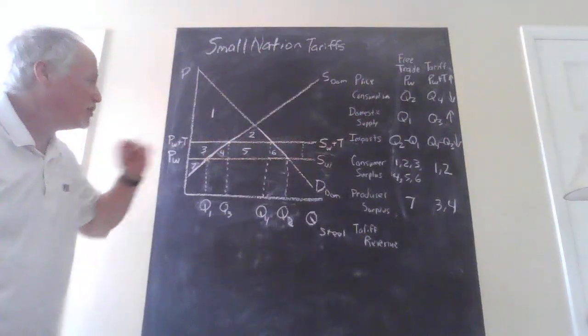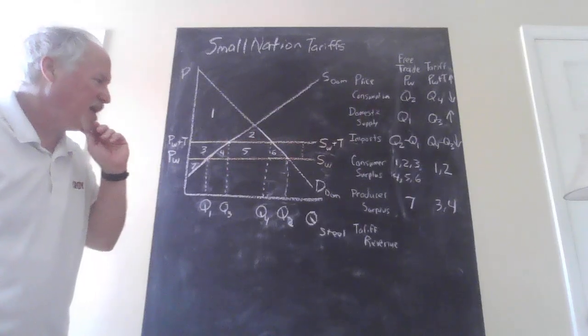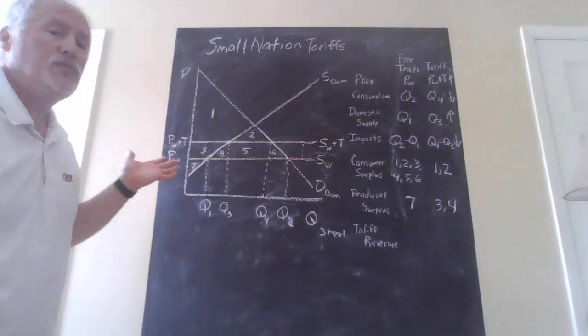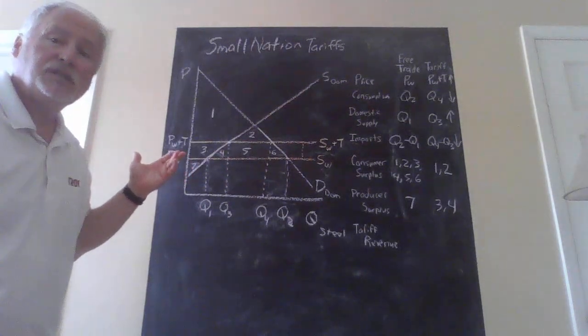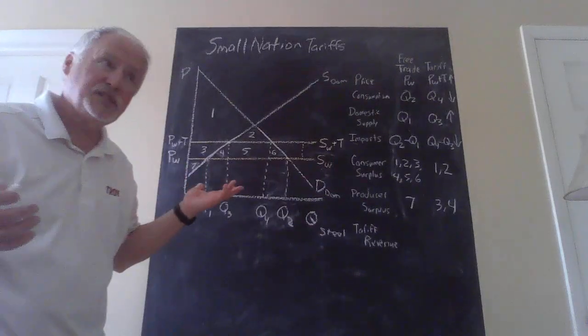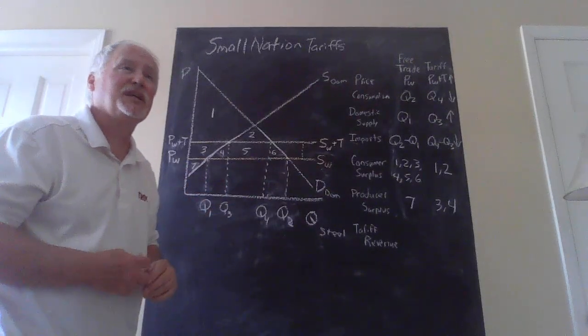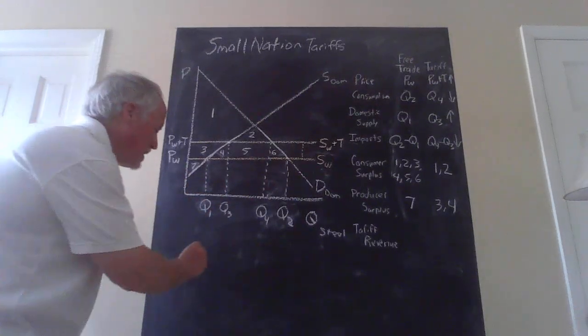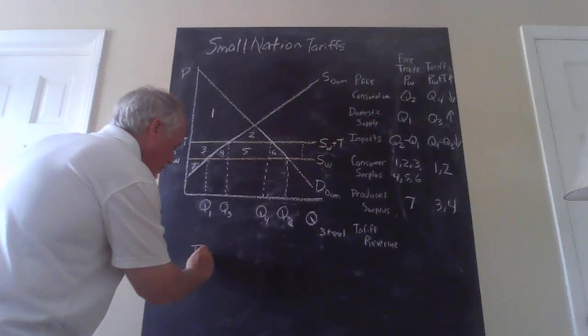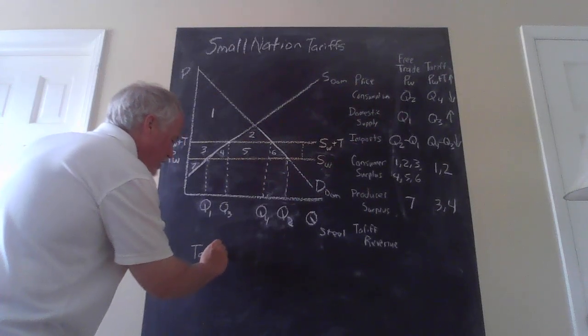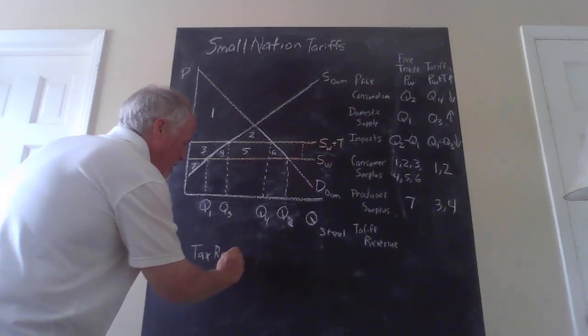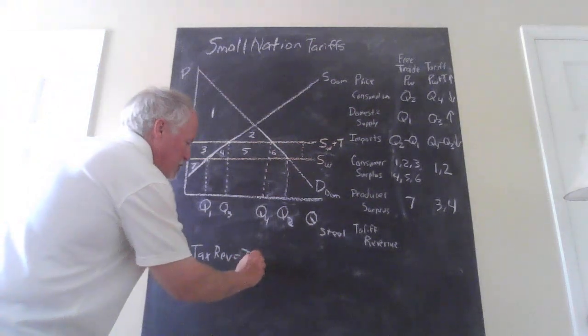So we don't have 4, 5, and 6. So we have to get that in here. Well, a part of this is tariff revenue, because a tariff is a tax, and that revenue that gets collected goes to the government. Tax revenue is generally the amount of the tax times the quantity.